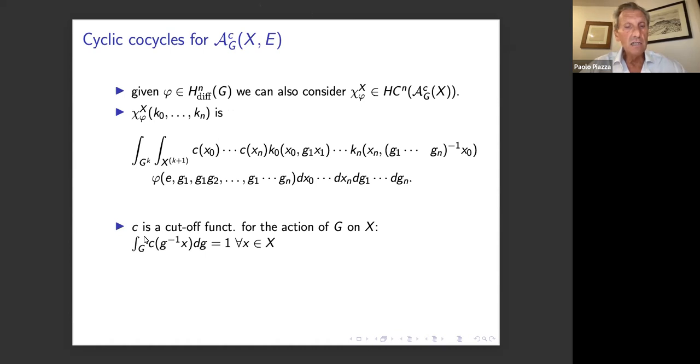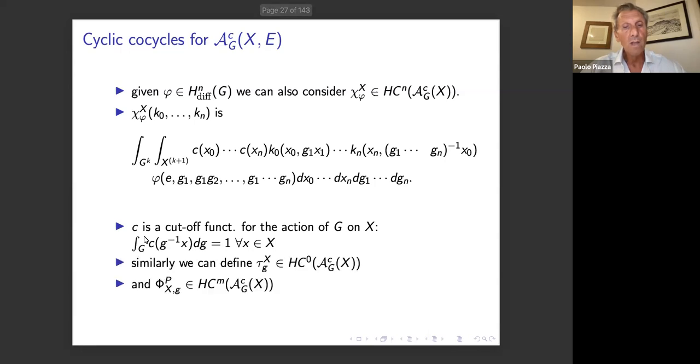And c, as in the talk by Shang, is a cutoff function for the action of G on the manifold. Similarly, we can pass from the orbital integral to a zero cocycle on the smoothing operators on X, and in the same way, we can add the spatial variables to the cyclic cocycle of Song and Tang.